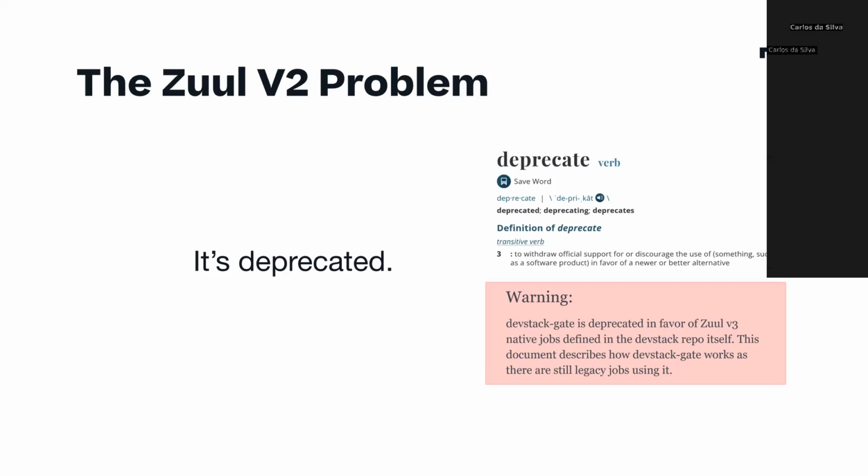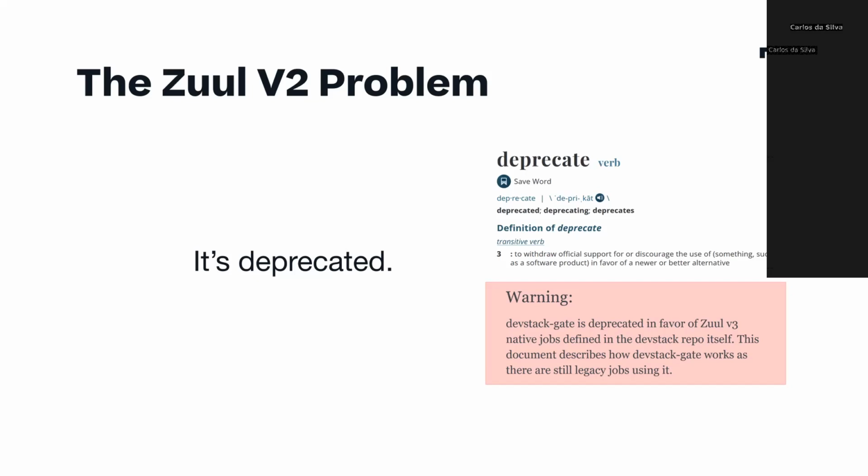Zuul covers a lot of functionality that OpenStack needed when they were using Jenkins initially for their CI. So from the get-go, we were using Zuul, but an older version from 2015, maybe 2016, I'm not sure, just Zuul 2.